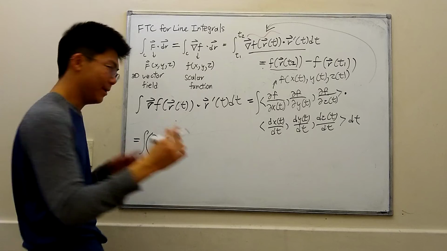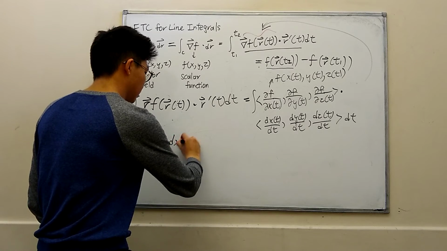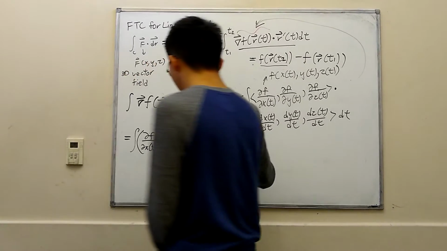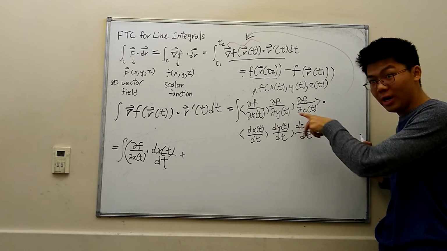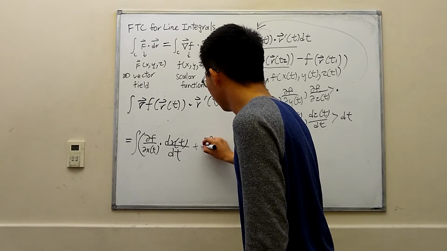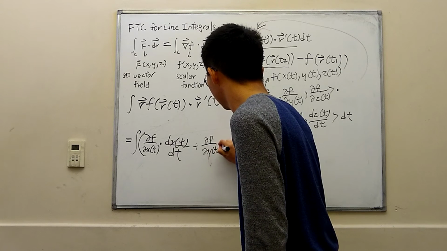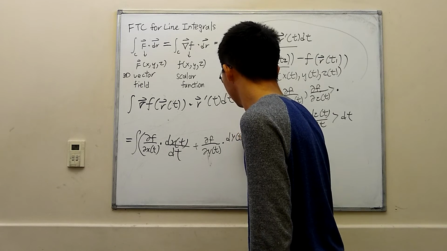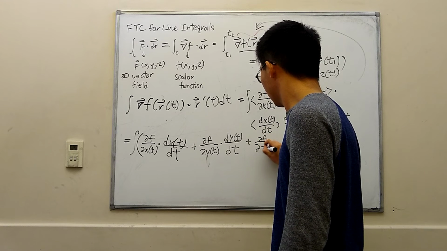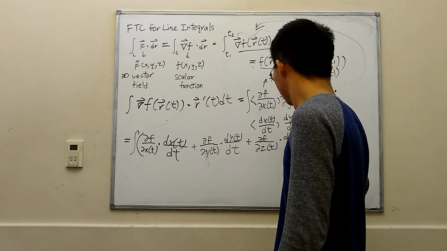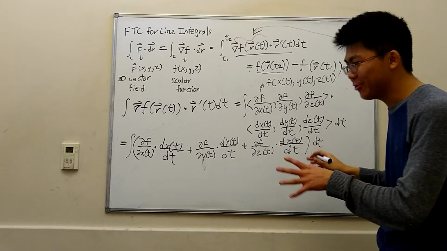We just have one sum. Plus these two components multiply each other, then we plus the next two products. Okay, so here's our giant integral.